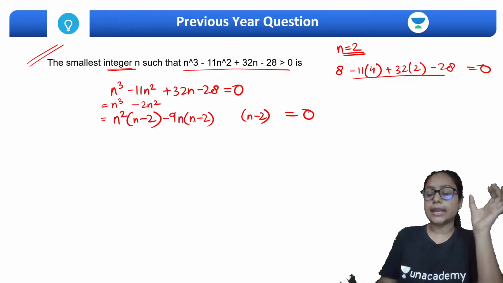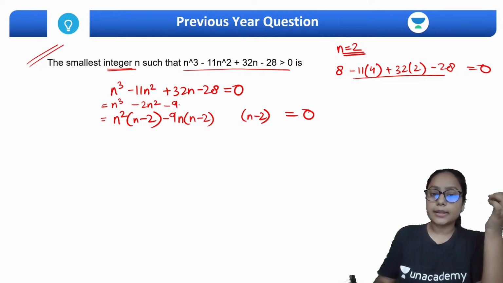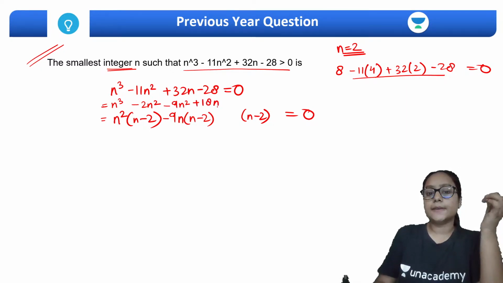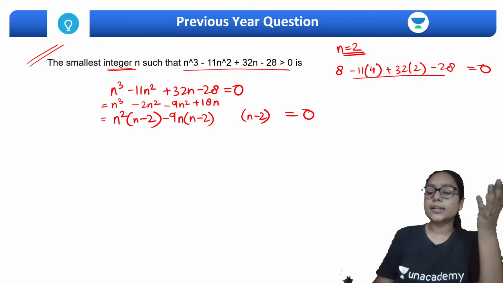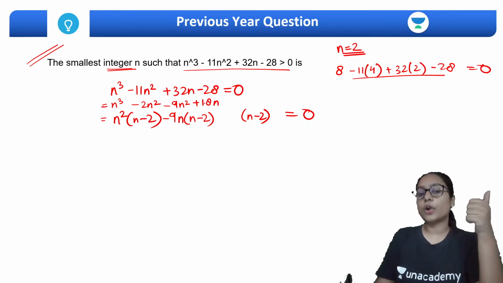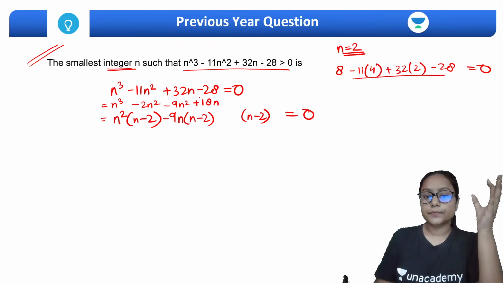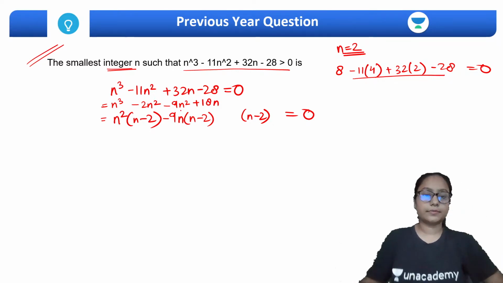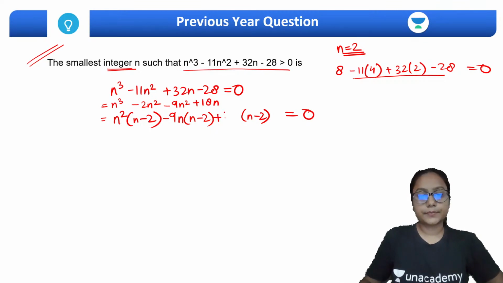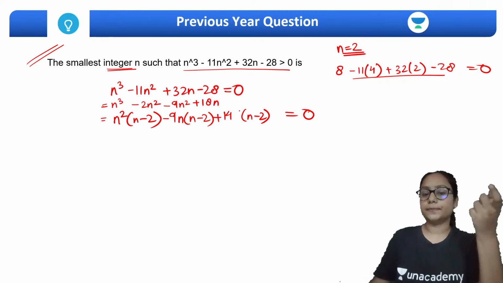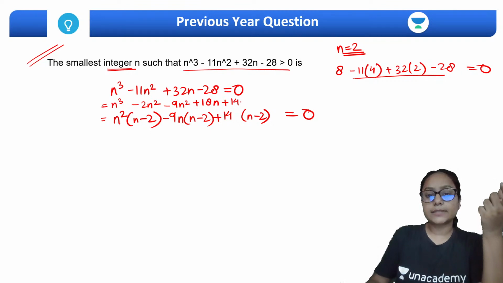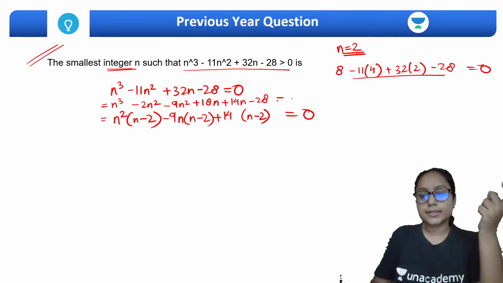So minus 9n here. What do you get? Minus 9n square plus 18n. 32n is already there, 18n you have got. So what do you want? Plus 14. So this will give me plus 14n minus 28 is equal to 0.